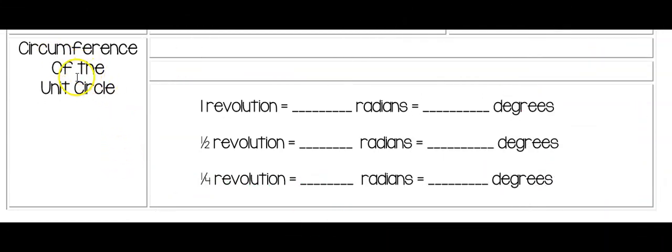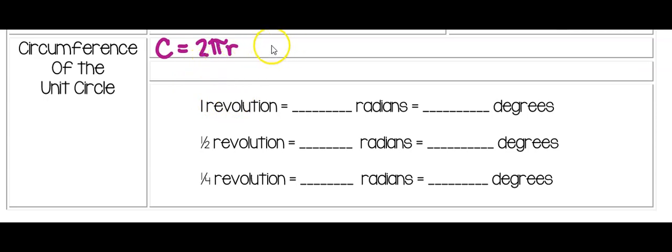Let's talk about the circumference of the unit circle. If you remember from geometry, circumference is the formula 2 pi r, or pi times the diameter. The circumference measures the entire distance around the circle.